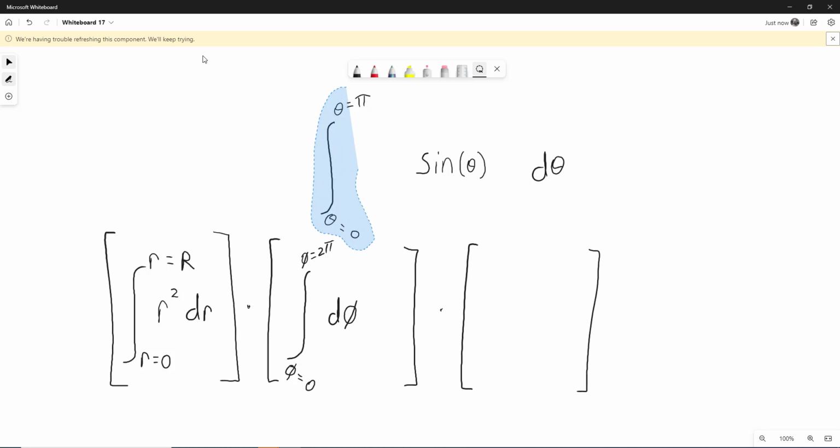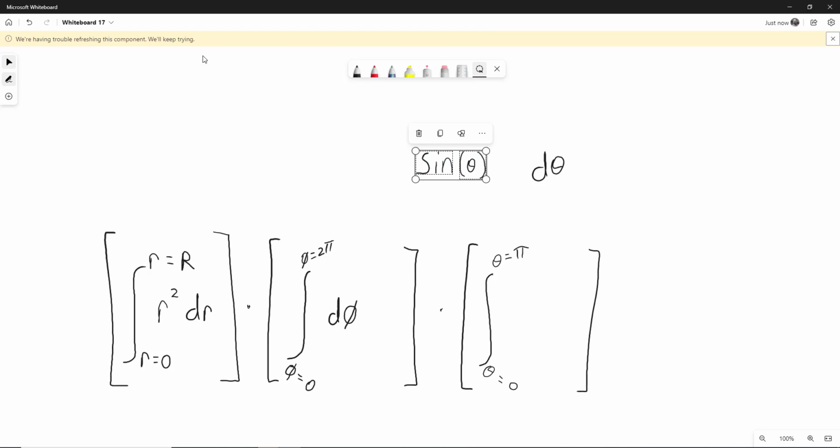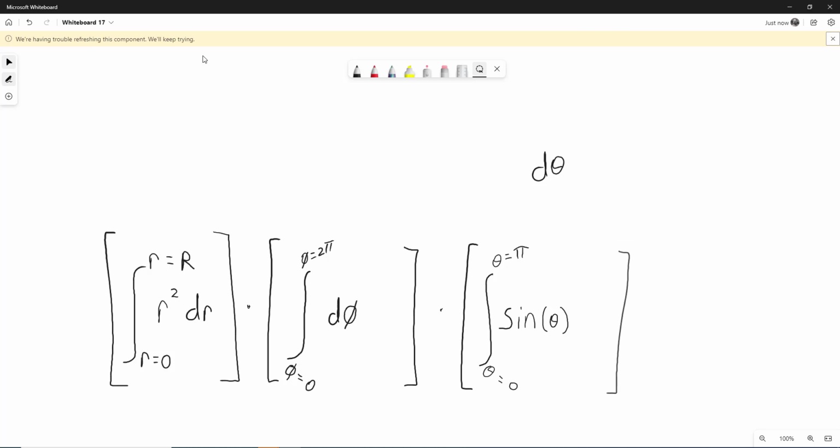I'll grab the integrand, bring that over here, and in this case, I do have a function. I have the function sine theta. And I guess I'll have to bring this out to fit it. And now I'll grab the d theta.